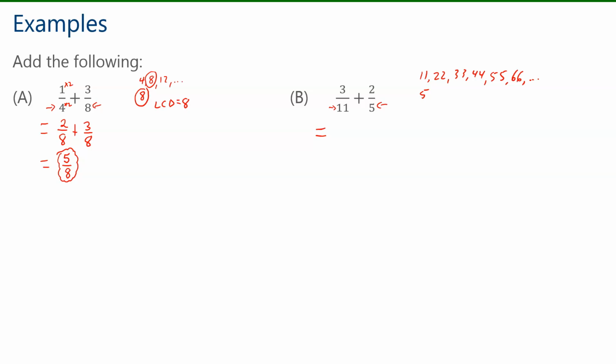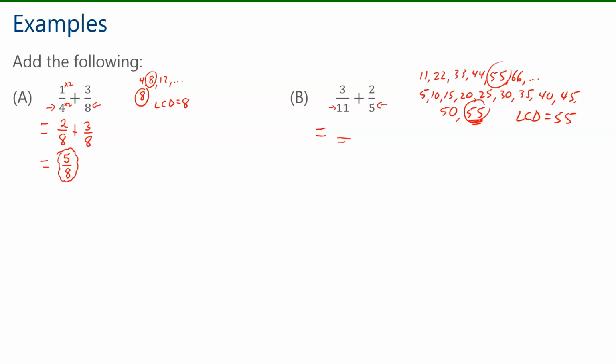For my multiples of 5, 5, 10, 15, 20, nope, nothing in common yet. 25, 30, 35, 40, nope, nothing in common yet. 45, 50, 55, there we go. So our LCD is 55.